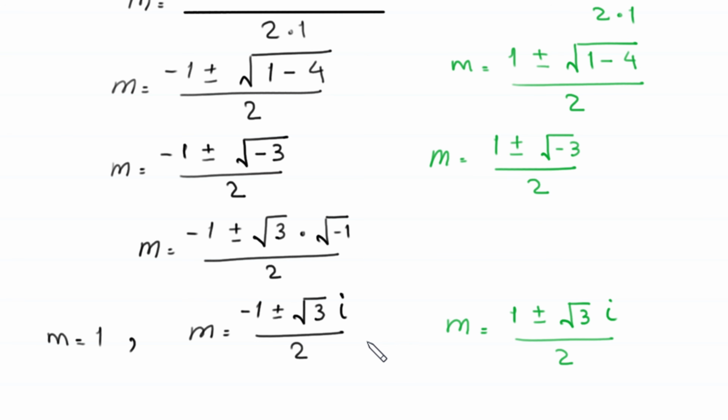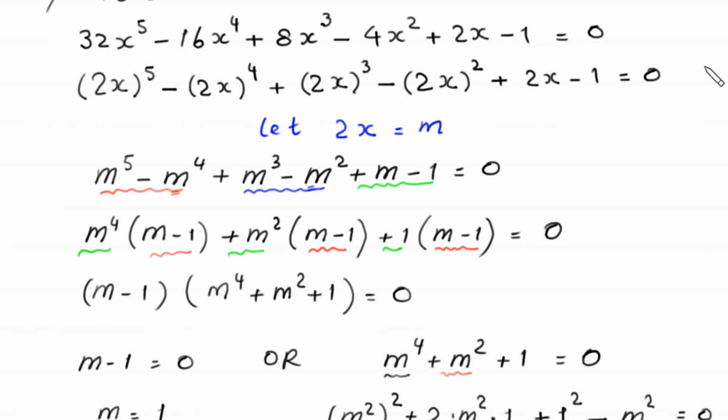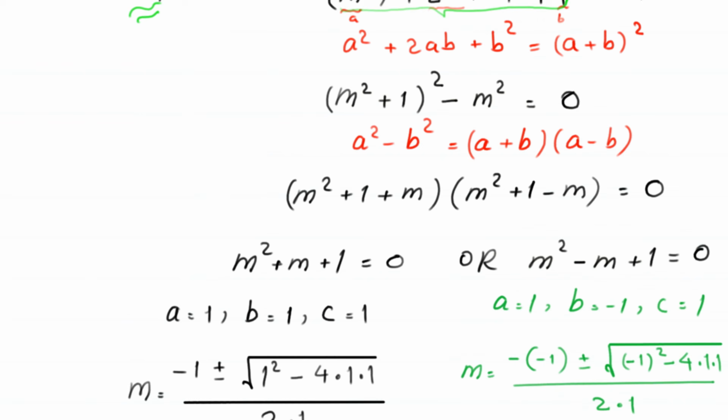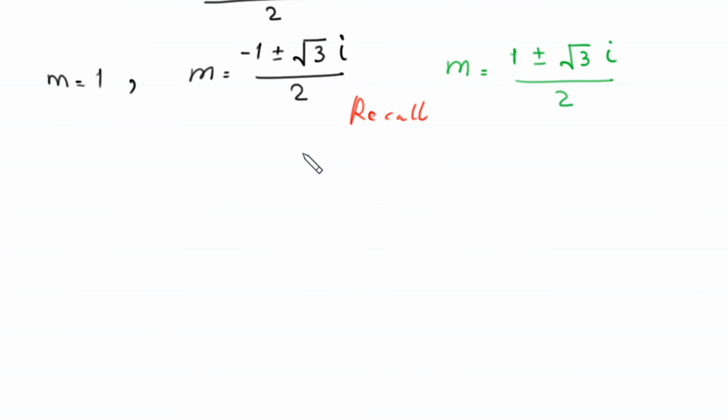Now to find the values of x, recall that we have supposed that 2 times x is equal to m.